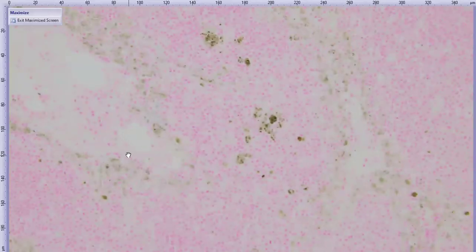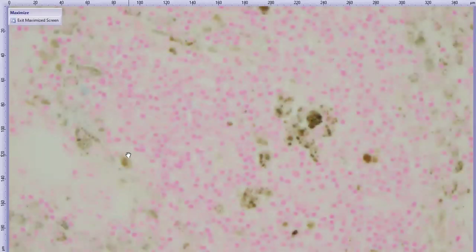This is a Prussian blue, which should stain any iron-containing material bright blue. You can see that those cells are not staining bright blue with the iron stain.